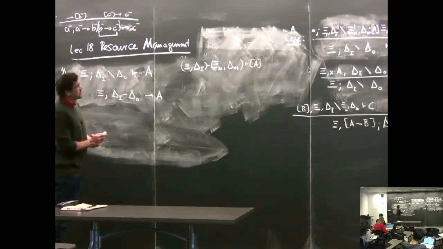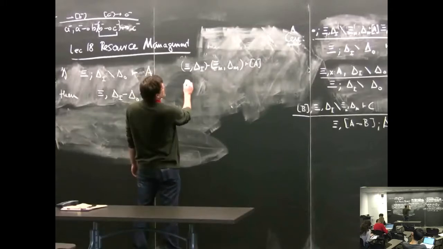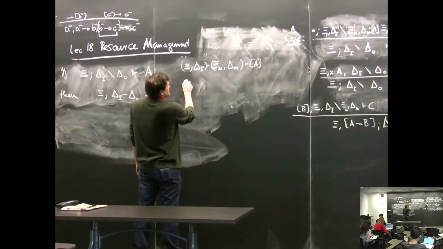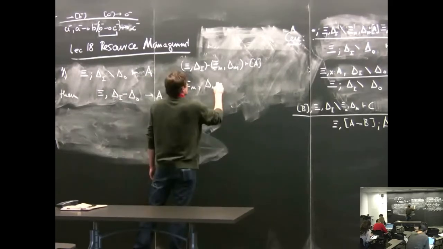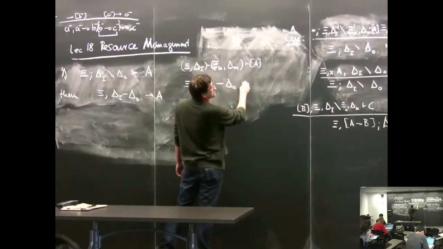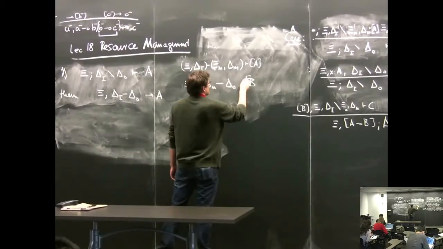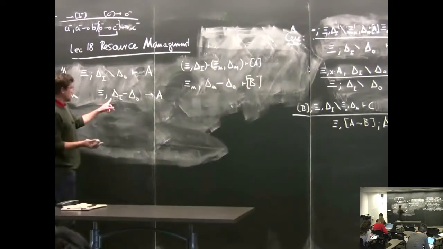What do we get by induction hypothesis in the second part? We get psi m together with delta m minus delta O. We get a proof of B in focus. So now we can apply the tensor R rule over here.